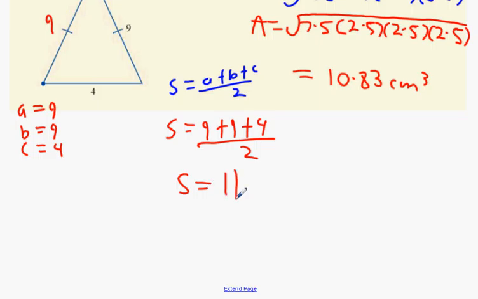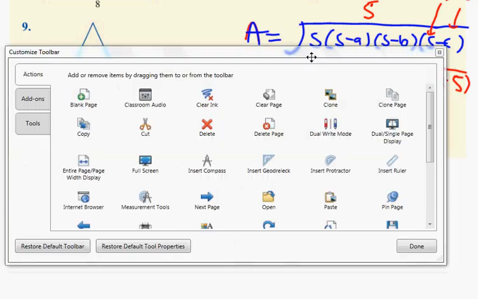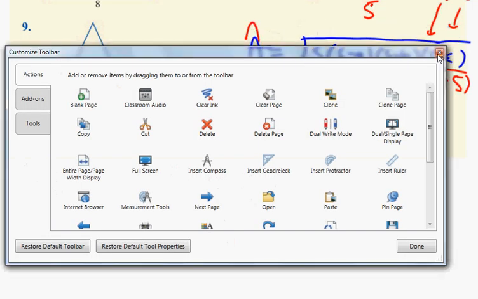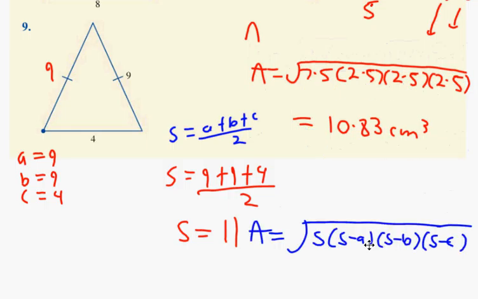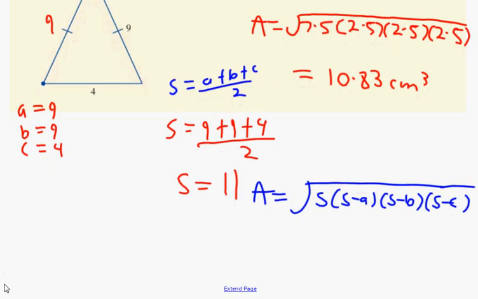Okay, then we're going to use the A formula. What's the A formula? See if I can get it. There we go. That's that button. There we are there. Okay, so we have all our information.